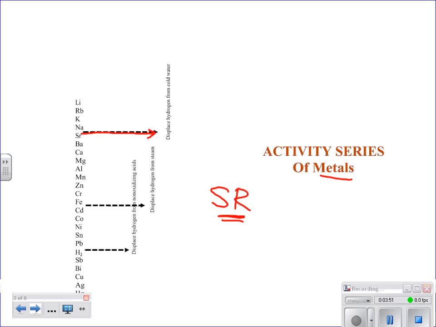This is always just talking about hydrogen. So these four, for example, are really strong and active, meaning the water can be cold and it can still grab that hydrogen out of there and displace it. As you move on down, the metals are not as active, so they would not be able to displace the hydrogen from cold water. It might just be from steam or from an acid of some sort.